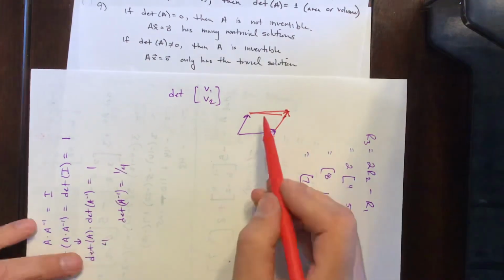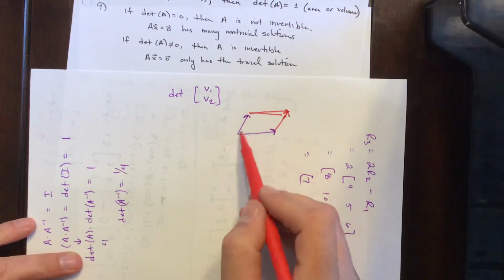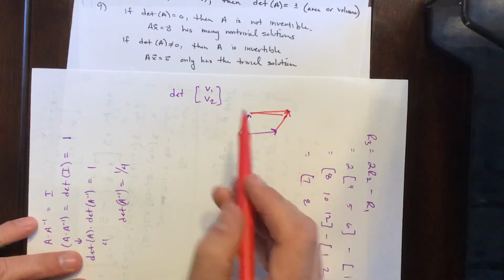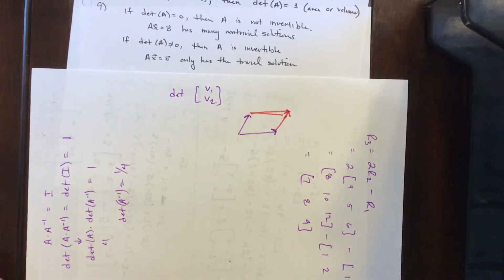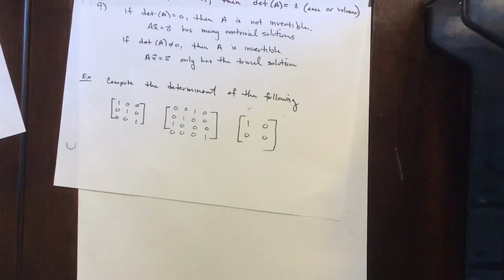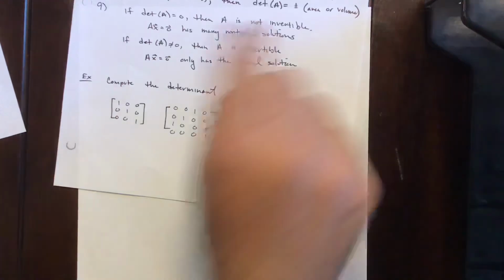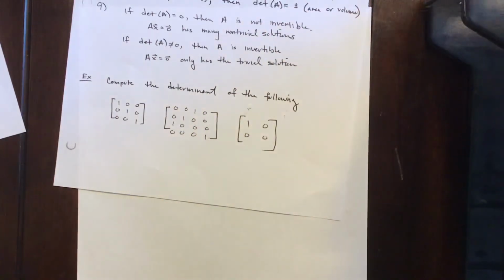The area of this parallelogram that's obtained by vector 1 and vector 2 is going to be the same as the determinant of V1 and V2, with a plus or a minus sign.